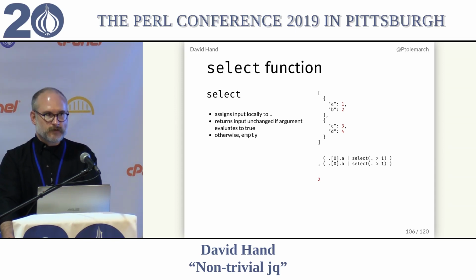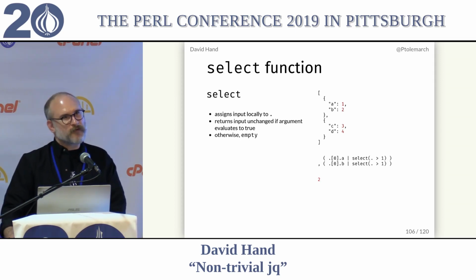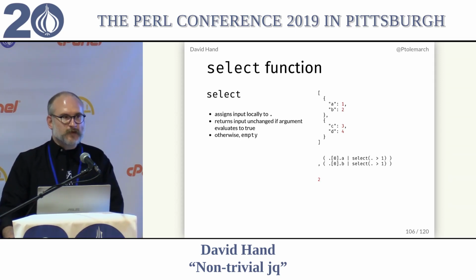The way it works is this. When it is called, it gets one input, just like everything else, but with some functions, it's harder than others to remember that. Select is kind of one of those. It gets one input, and at that moment, it evaluates the thing inside of the parentheses. Now, inside the parentheses, it has reset what dot means.